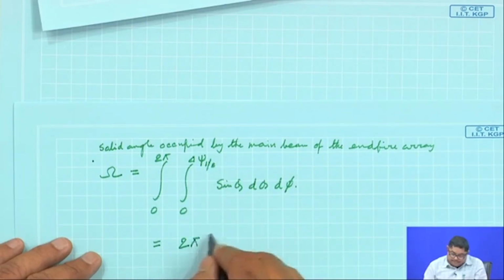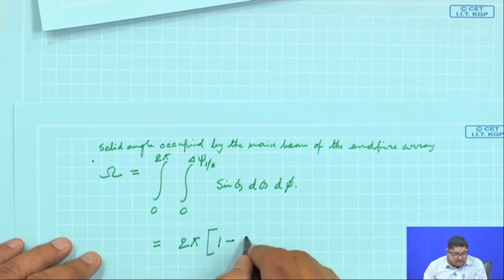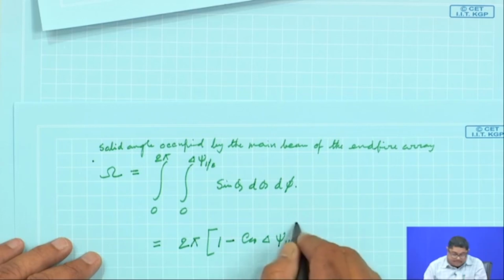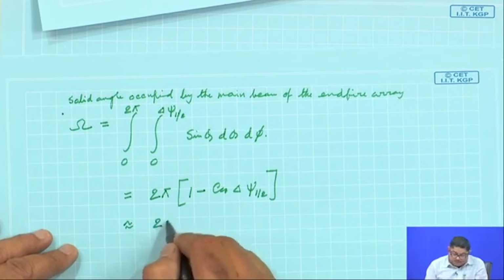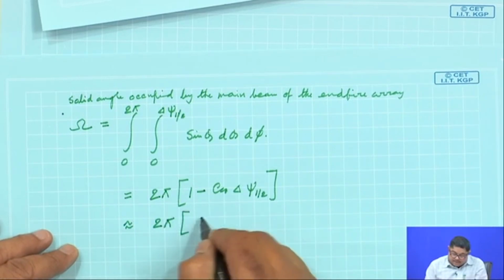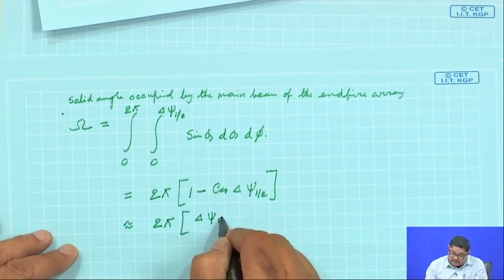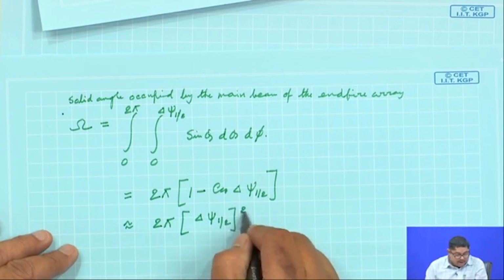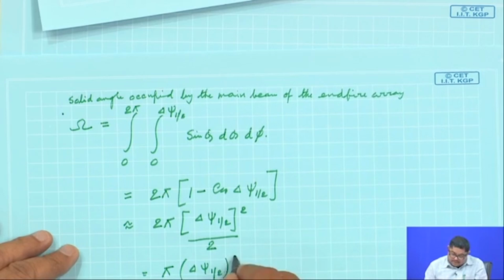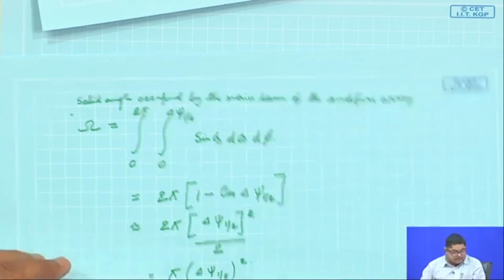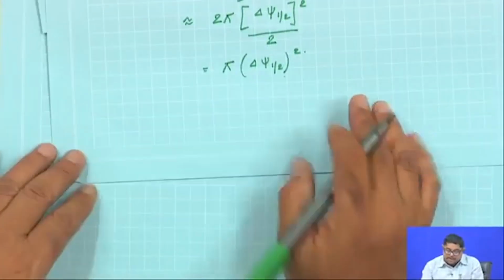So, 2 pi into 1 minus cos delta psi half, and that can be approximated to 2 pi delta psi half square by 2. So, it is pi delta psi half square. This is the solid angle occupied by the main beam.